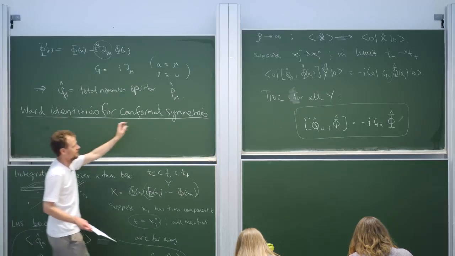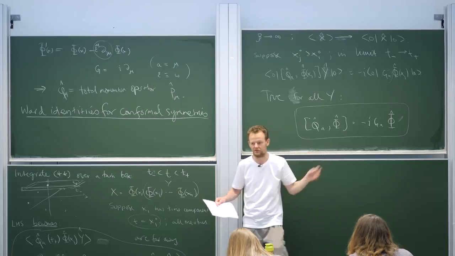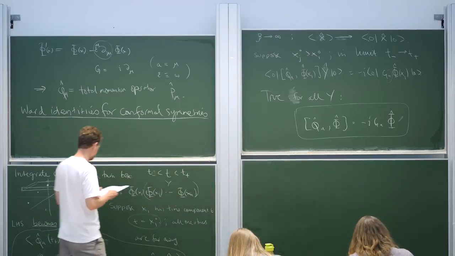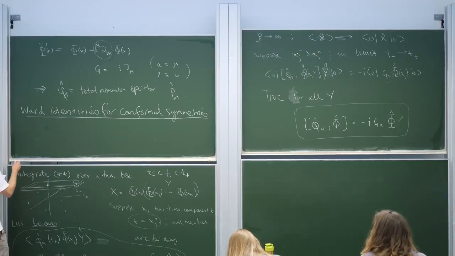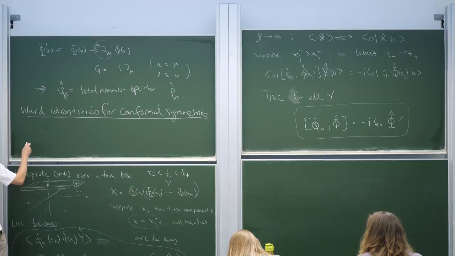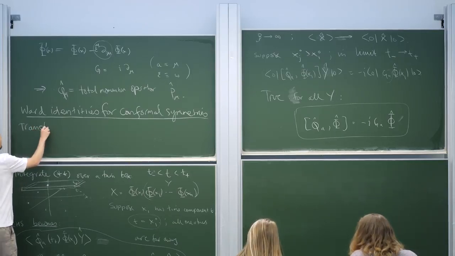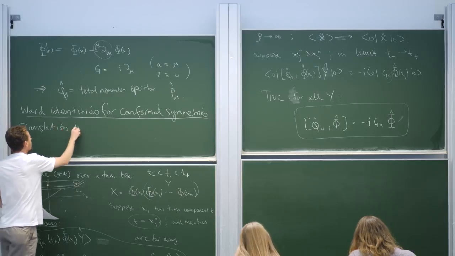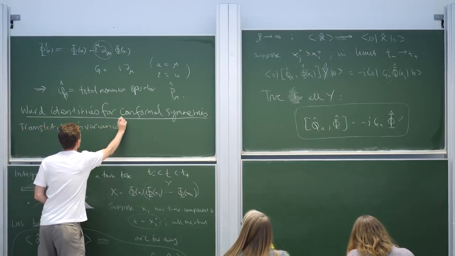Every one of those will have an associated conserved charge. And if you stick hats on it, found the generator. So let's work out translation invariance.